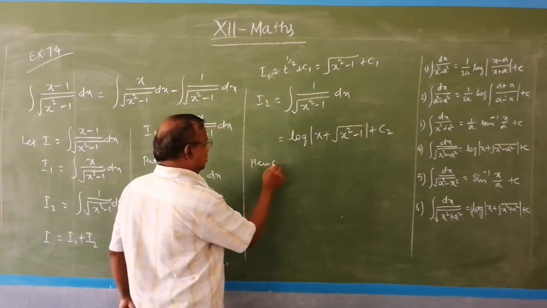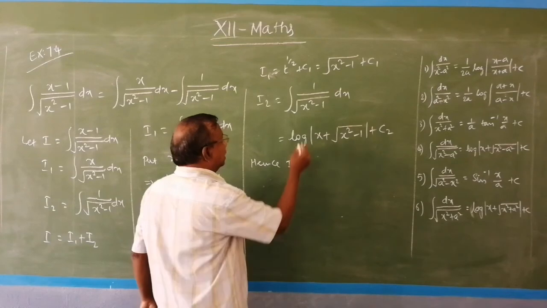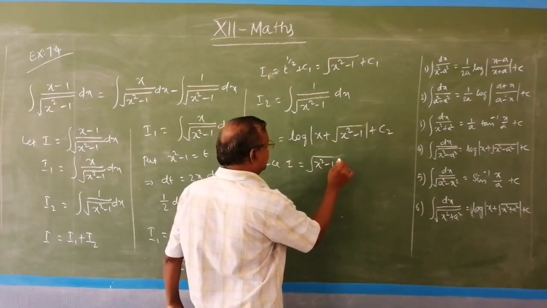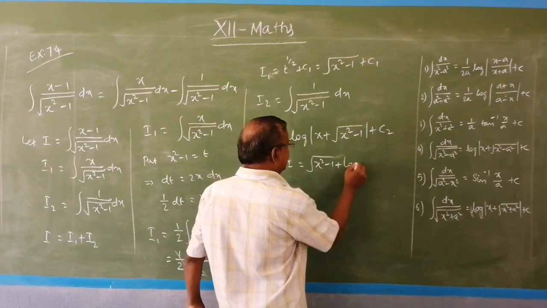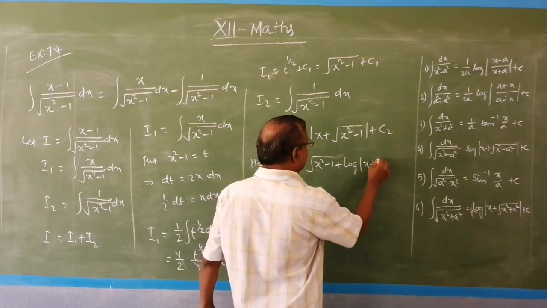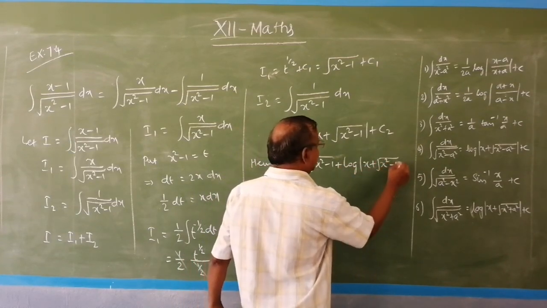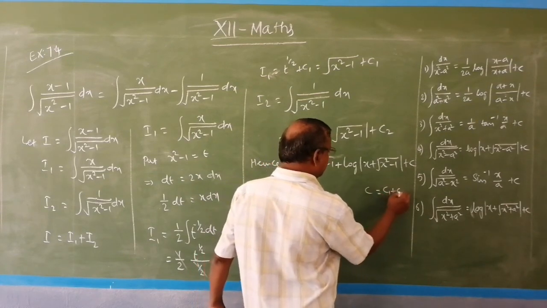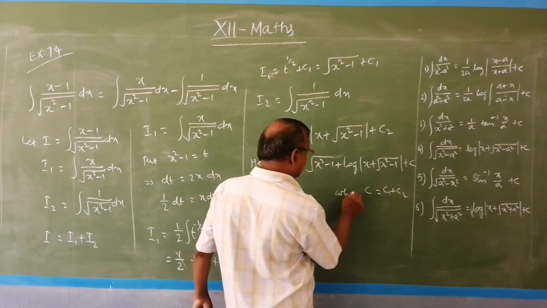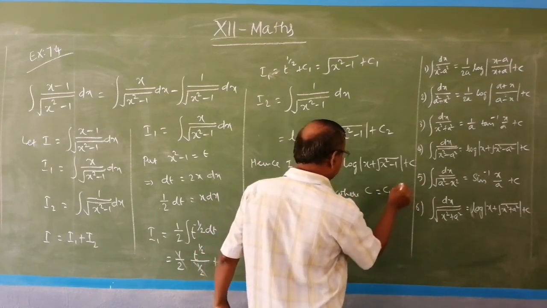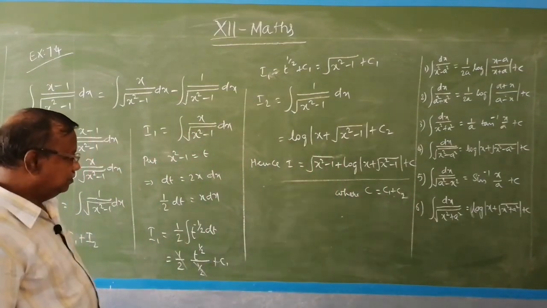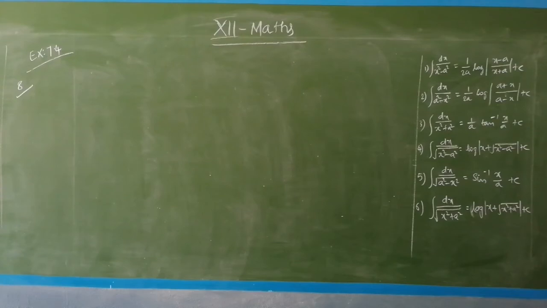Hence I equals I1, that is root of x square minus 1, plus I2, which is log of modulus of x plus root of x square minus 1 plus c, where c equals c1 plus c2. So this is the final answer.